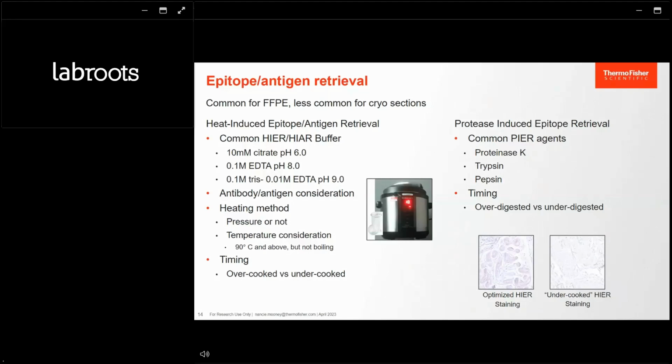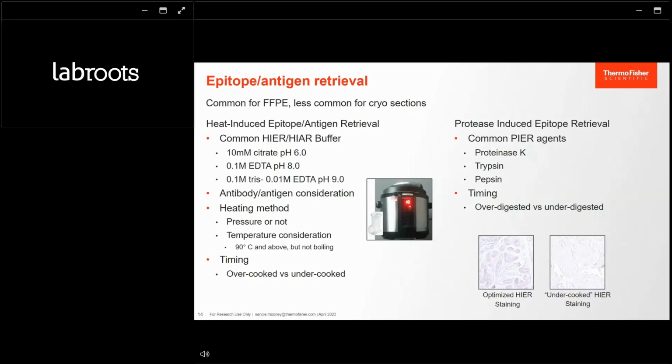You do not want to boil your tissue. This can cause inconsistent staining because you are essentially causing weird heating patterns atop your tissue. This can also remove your tissue from your slides because you literally boil it into your solution. So do not let your solutions boil when doing heat-induced epitope retrieval. Again, you're going to have to optimize in your own hands. Overcooking can be just as bad as undercooking when it comes to antigen retrieval.